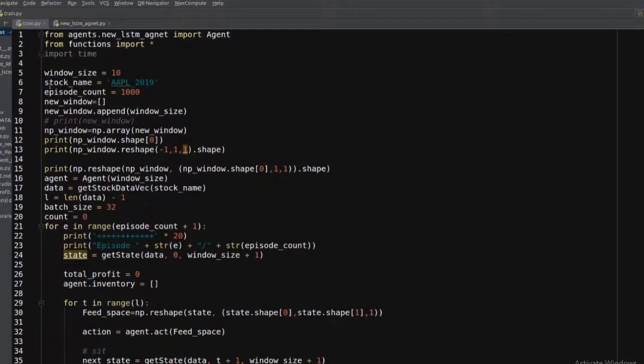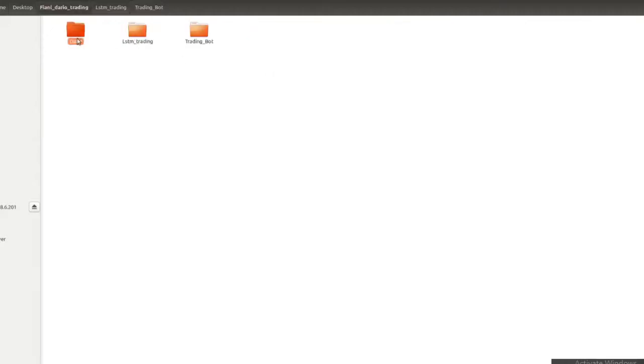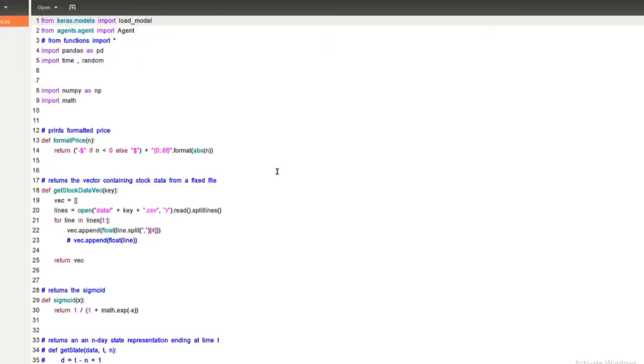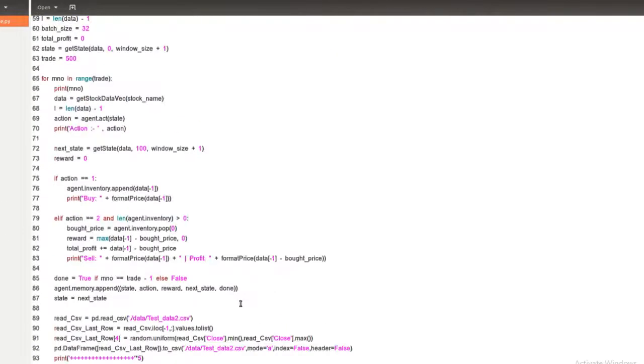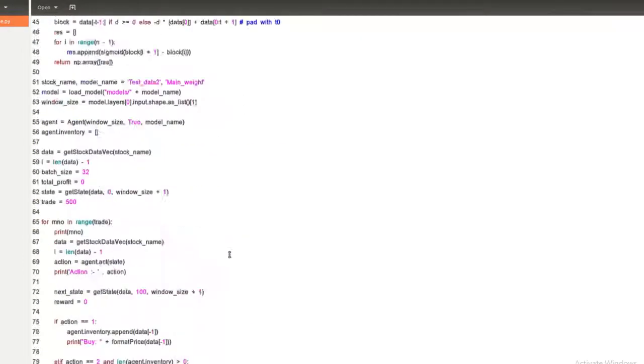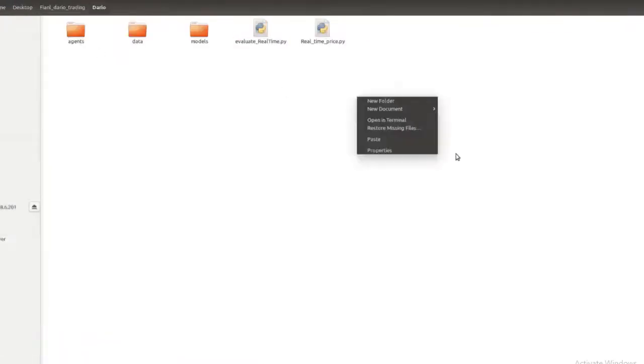Now I'm going to show you my evaluation script here. As my program is already running on the backend, I cannot go to the same compiler, but I will show you how my evaluation script works and what output it obtains.